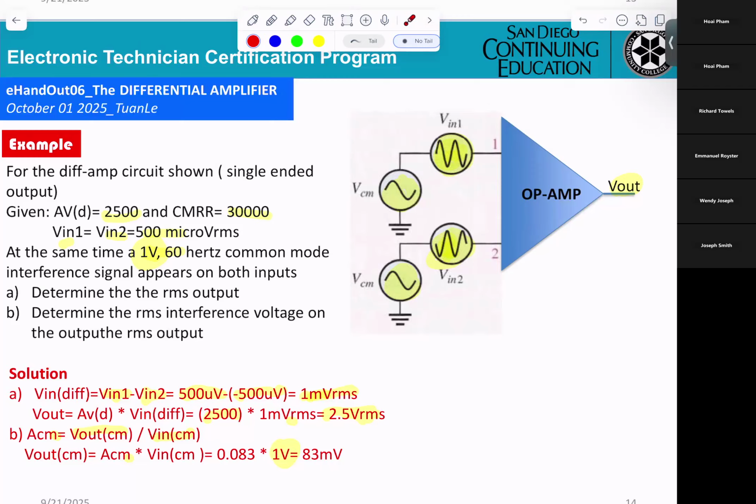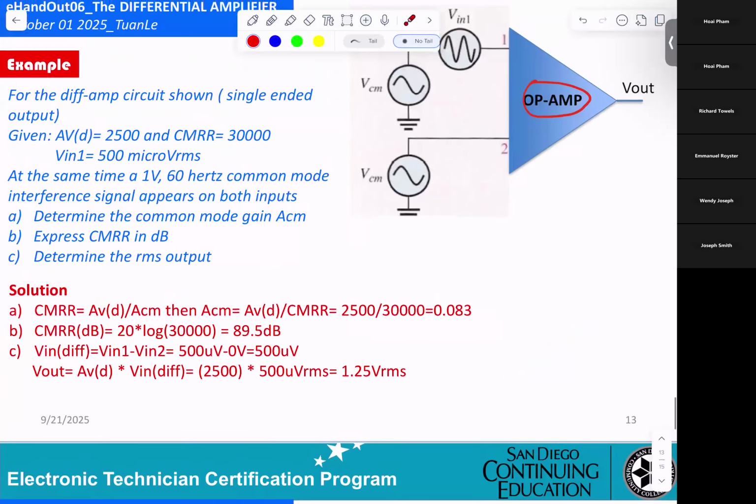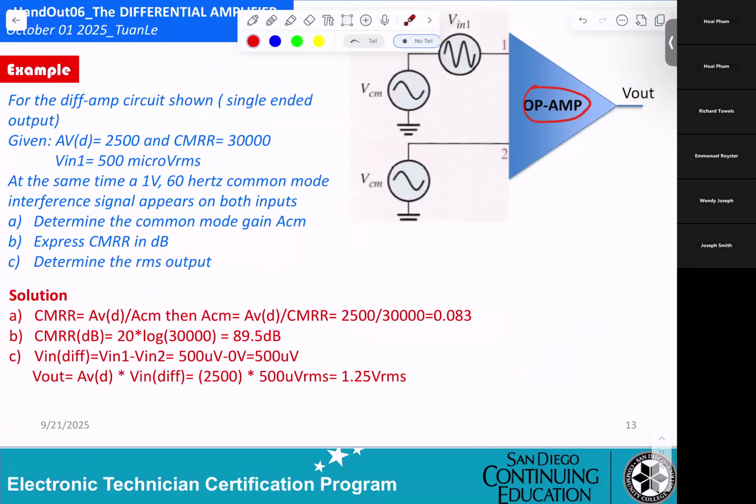In here, V in CM is 1 volt. And if you calculate the ACM, let's see. Here, that is the ACM.